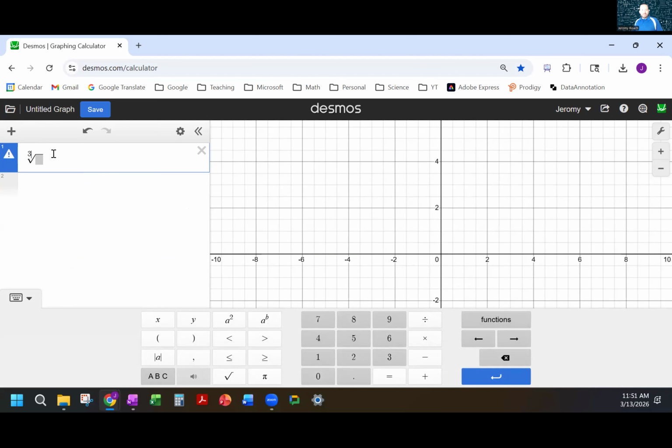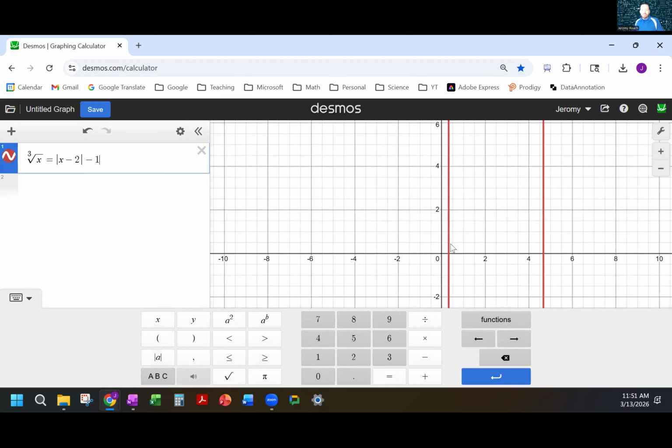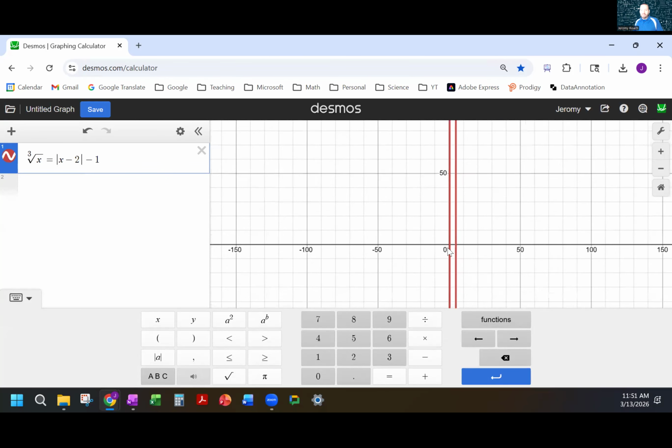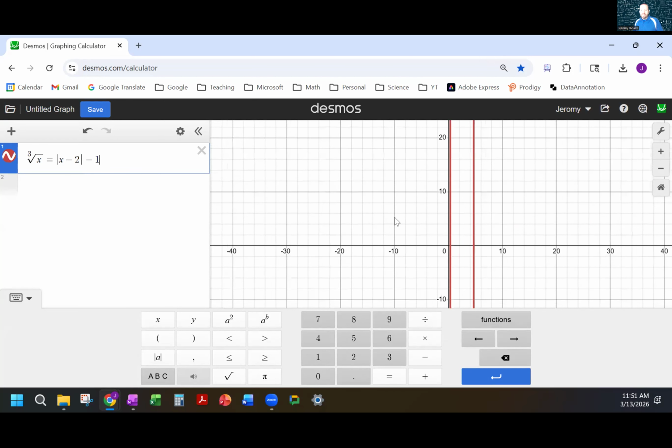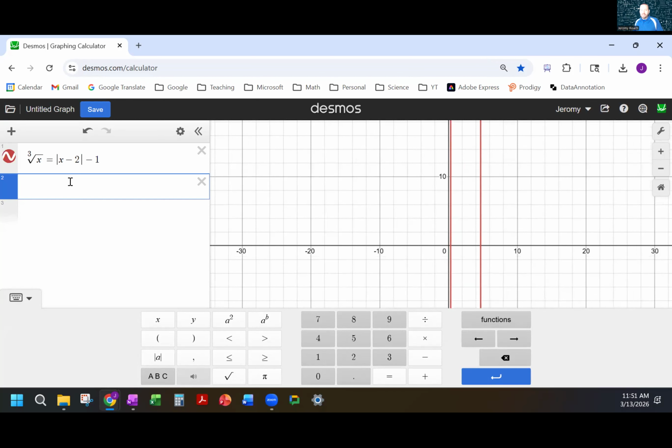So this is what it told us on Desmos. And then I'm writing absolute value. You can press shift / to do an up and down absolute value, but it's also right here. You can close the absolute value that way. And then -1. Now when you do that, you're just going to get a graph and it's not going to make any sense. It's going to get 2 lines.